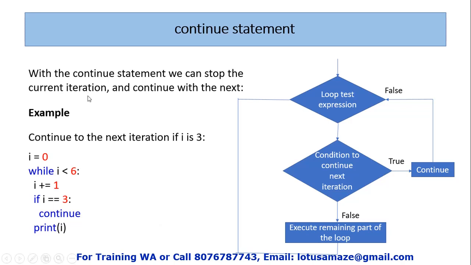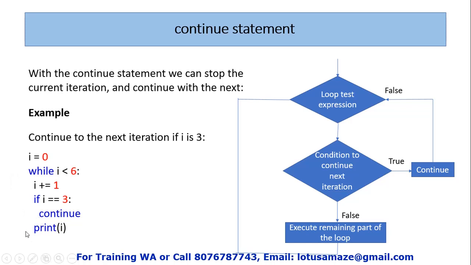For example, if you look at this code, i is equal to 0, while i is less than 6, i starts from 0, 0 is less than 6. Now i is incremented, it becomes 1. As soon as we come to value 3, it will continue to the while again, it will not print anything. Continue means it will go for the next iteration, right?